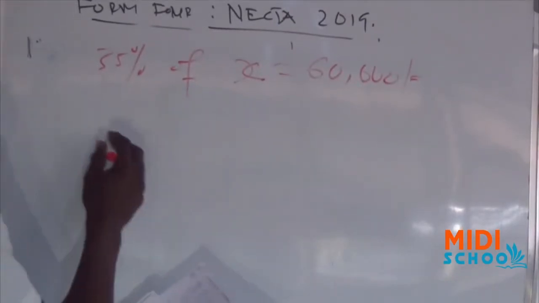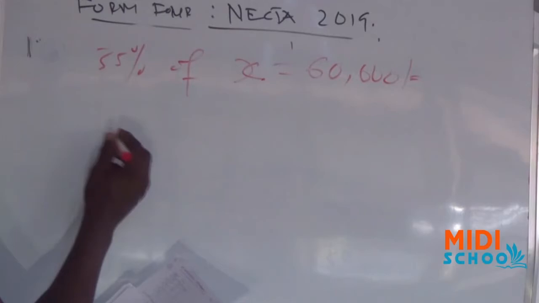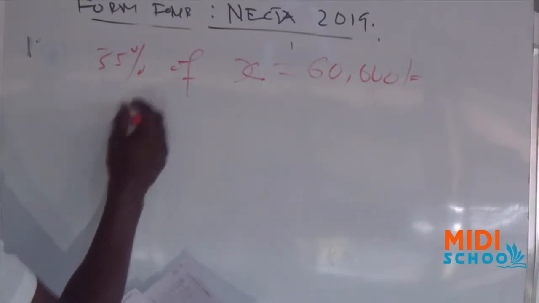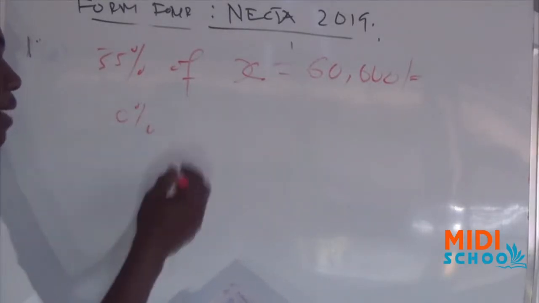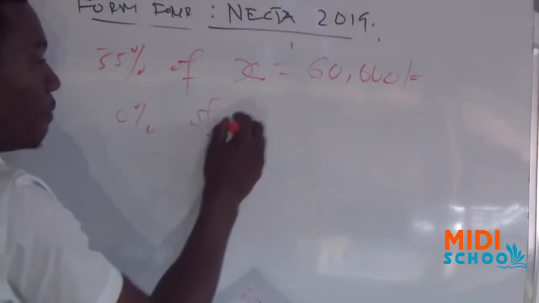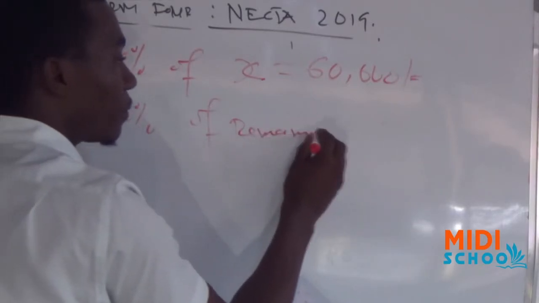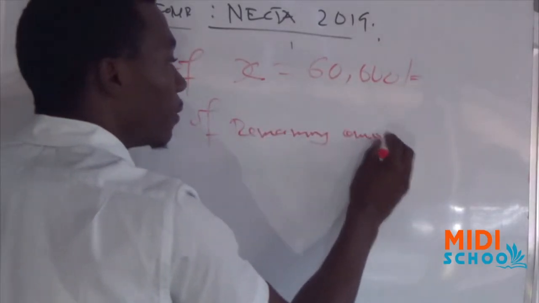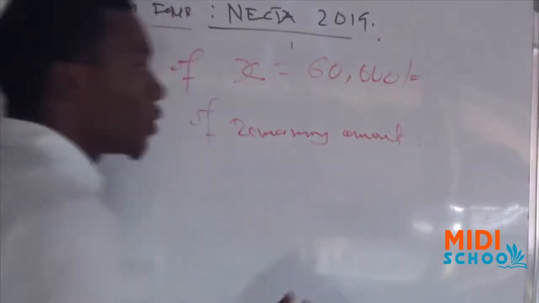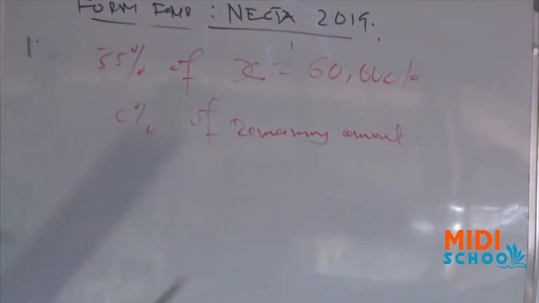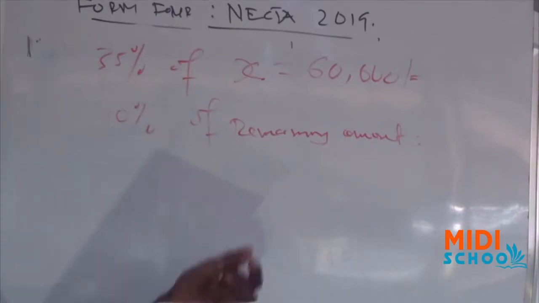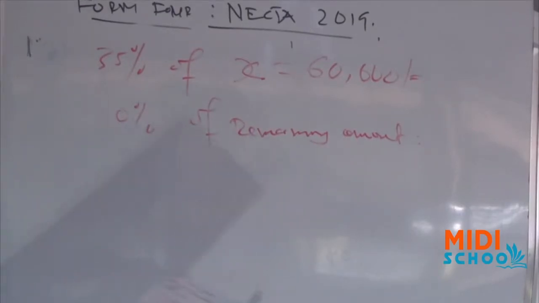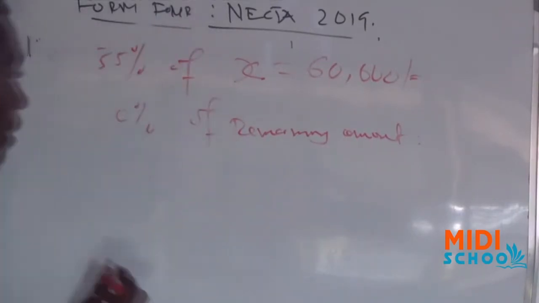Also, she spent 10% of the remaining amount after buying shoes to buy books. So we are asked to find the amount remaining after these two cases, when she buys shoes and also when she buys books.